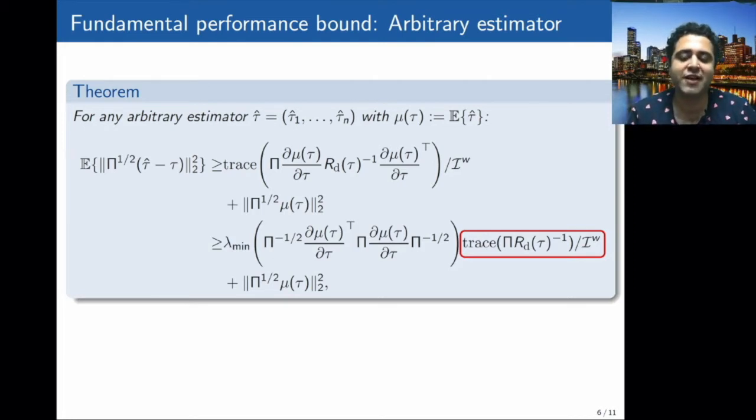Those extra and additional terms are functions of how much bias we have in this estimator. But the important message is that the trace of Pi times R inverse divided by the Fisher information of W would still show itself here again. So if we think about this as a fundamental bound, it shows itself no matter if we have a biased estimator or an unbiased estimator.